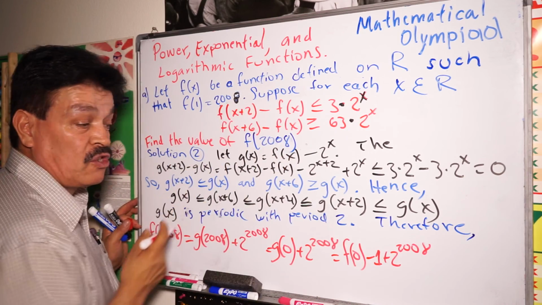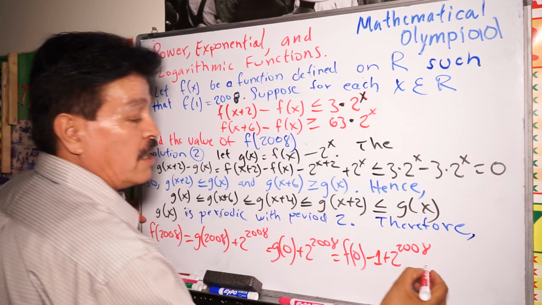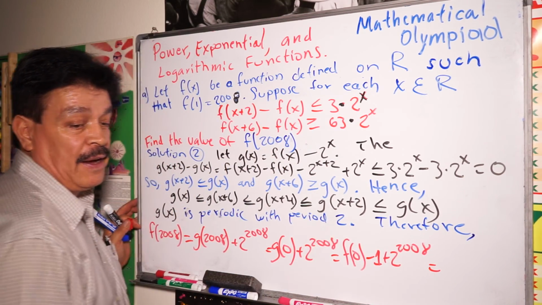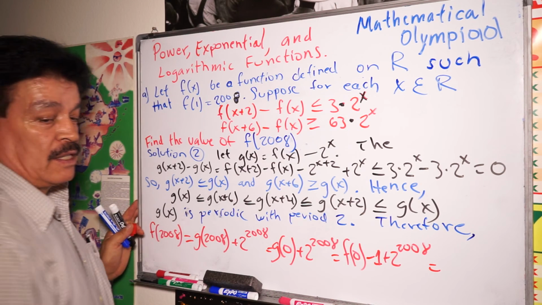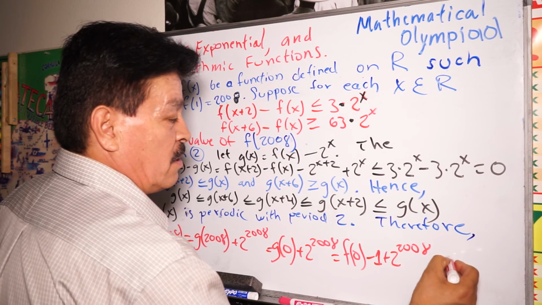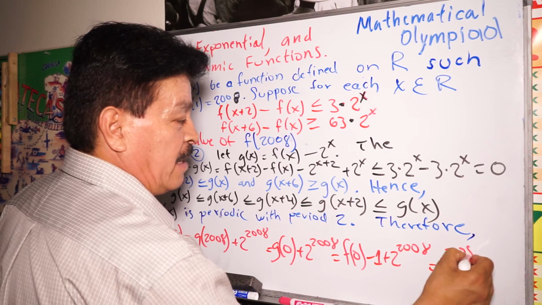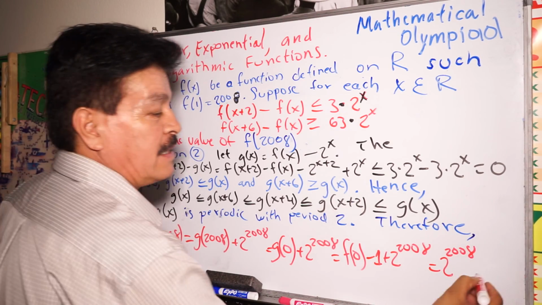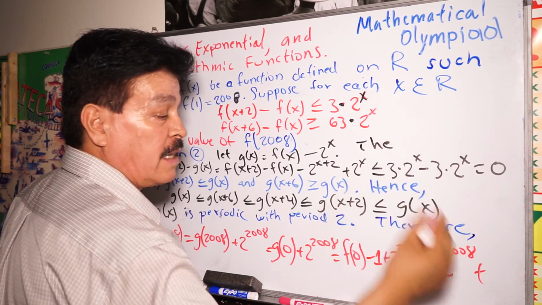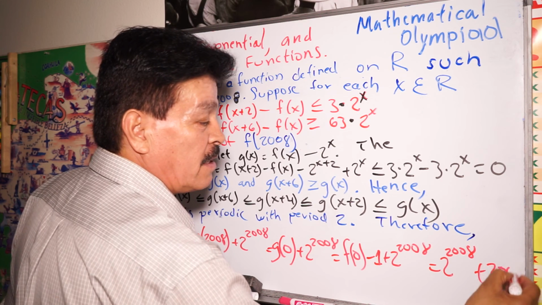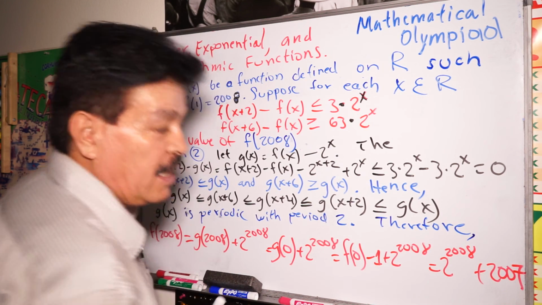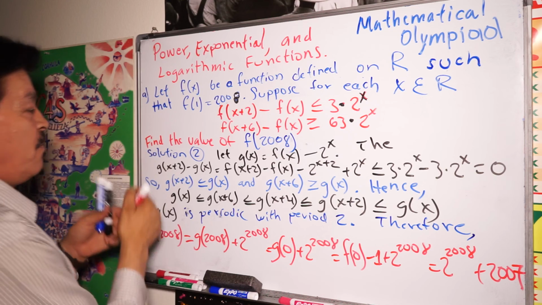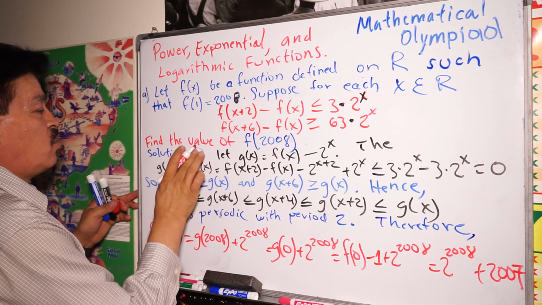Remember the first solution? So this equals 2 to the 2008 power plus the same, 2007. See? Same solution. We got the same solution as the first. This is solution number 2.